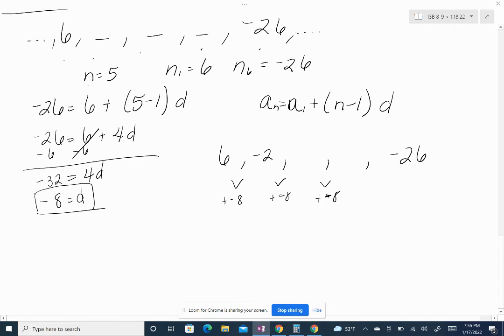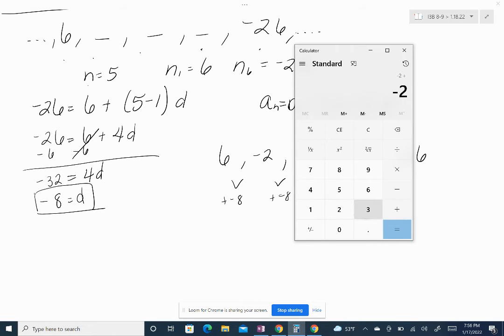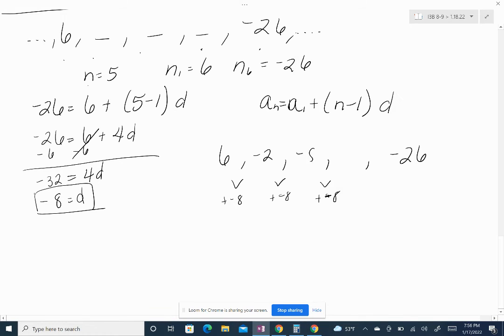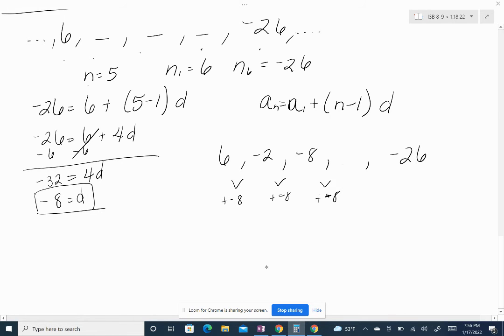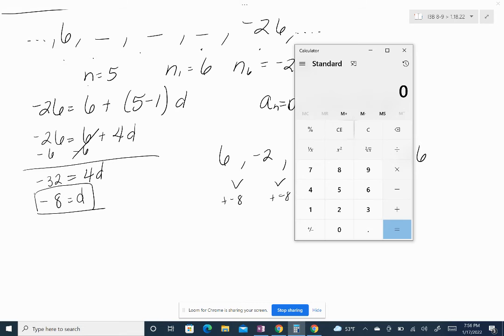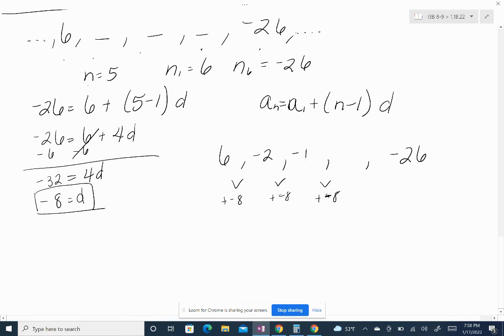Negative 2 plus negative 8 gives me a negative 10.